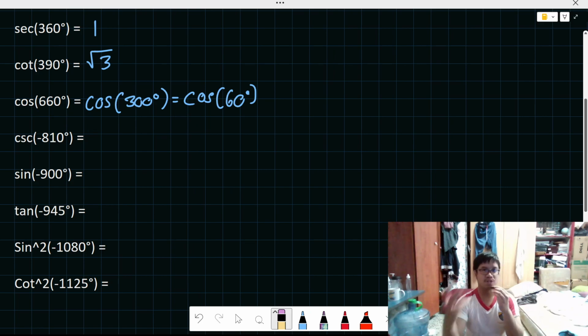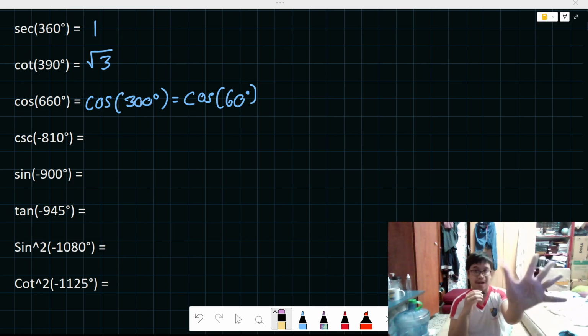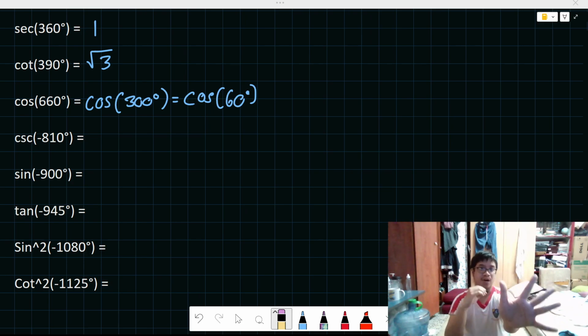Now let's find cosine of 60 degrees. Again, you will use your hand. Where is 60 degrees? It's here on your forefinger. Now you count 0 from the thumb until 60 degrees: 0, 1. So this is 60 degrees, and you stop right here. The value you get here is 1.